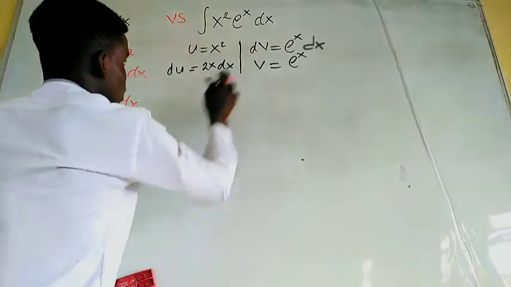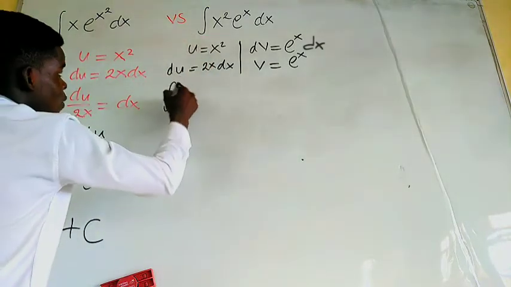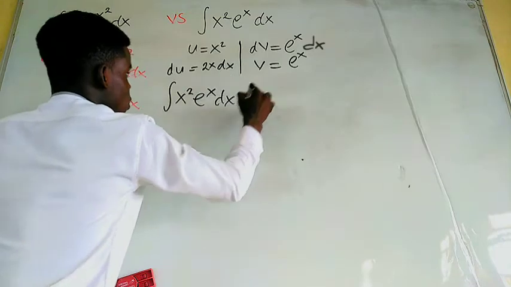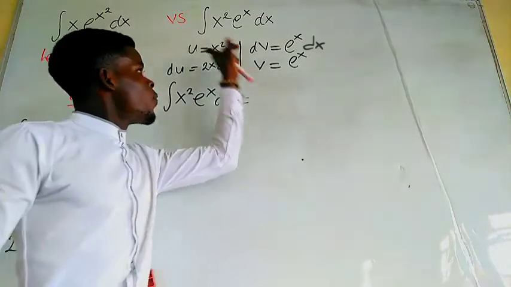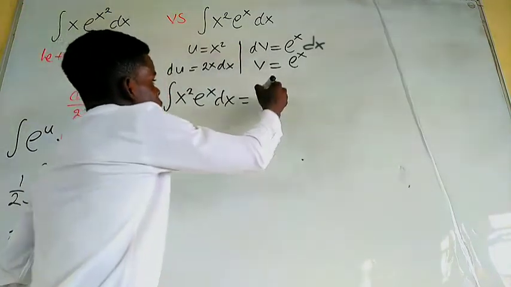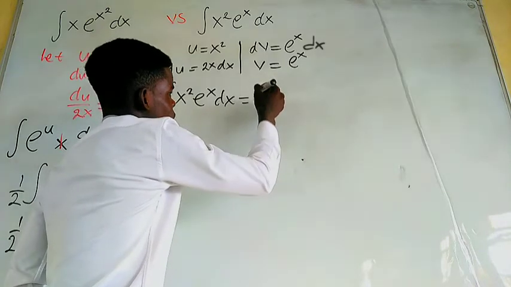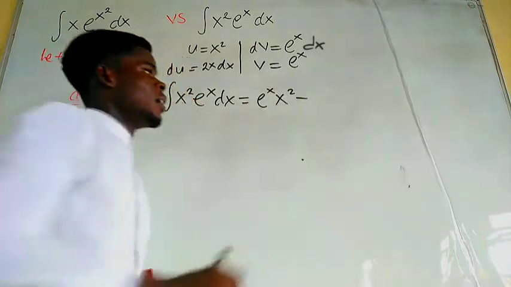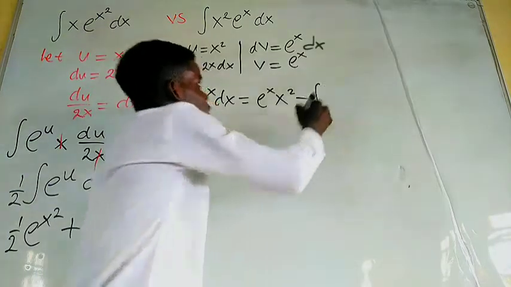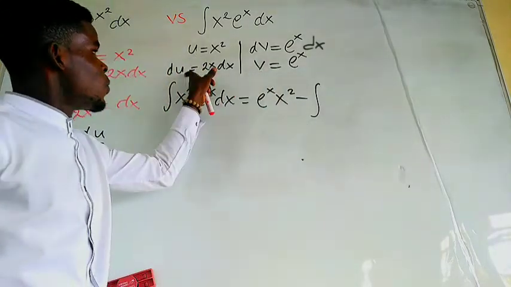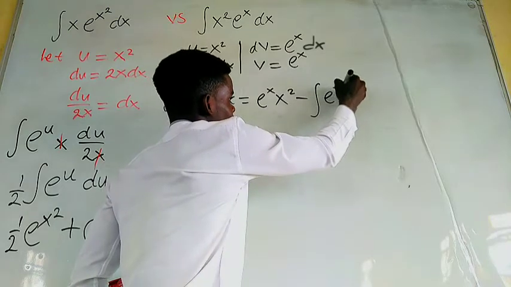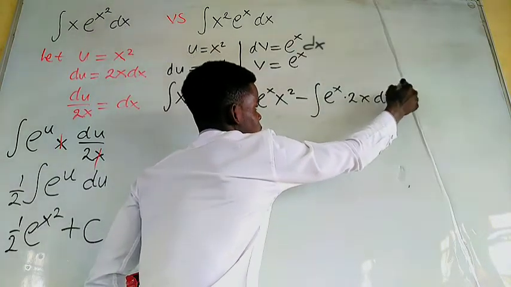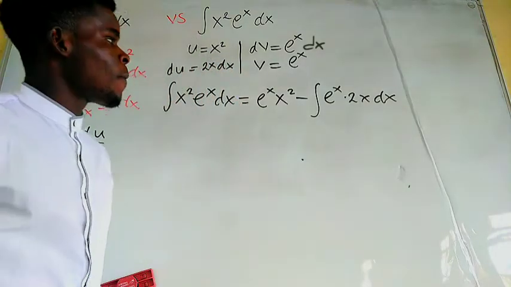So plugging back in there, we're going to have that the integral of x squared e to the power of x dx is equal to uv, that is e to the power of x times x squared, minus the integral of v du. So that is just e to the power of x times 2x dx, like this, right?